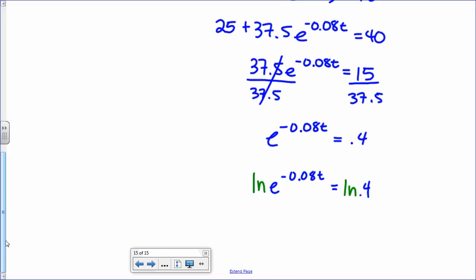Now I can cancel the natural log and the e, and I have natural log of 0.4. This is just a number, but I'm going to wait till after I divide.